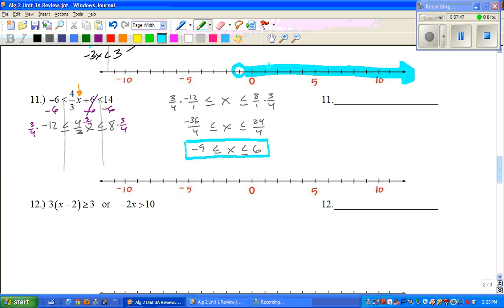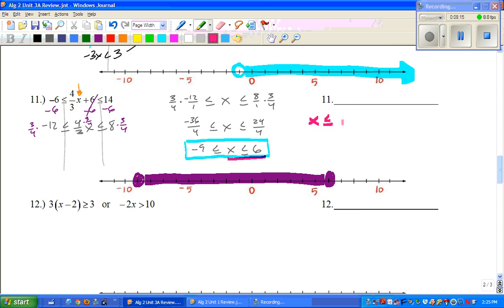Okay, and now we can start to graph this. At -9, it's closed. And at 6, it's closed. You're going to shade everything in between, okay? Because if we look at each one of these, x is less than or equal to 6.